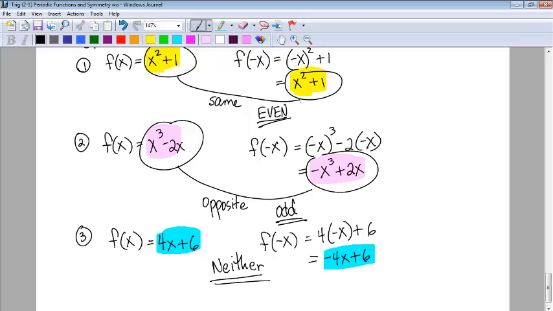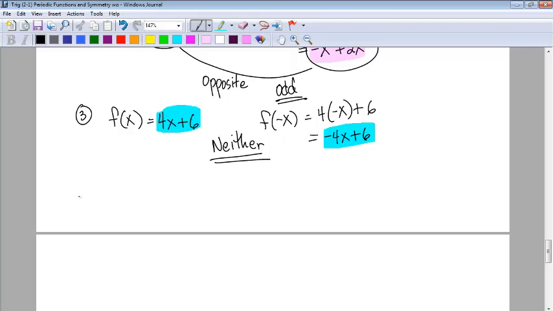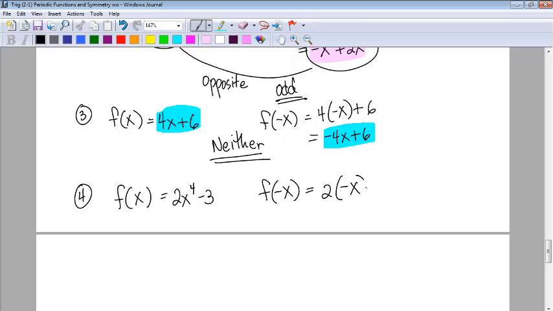Okay? Okay, last example. Okay, everywhere you see an x, substitute in a negative x. Notice that the exponent goes on the outside. And you're just taking the x to the fourth power, or just the x.